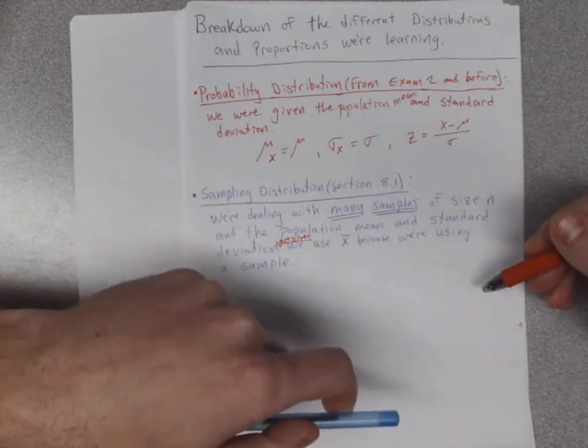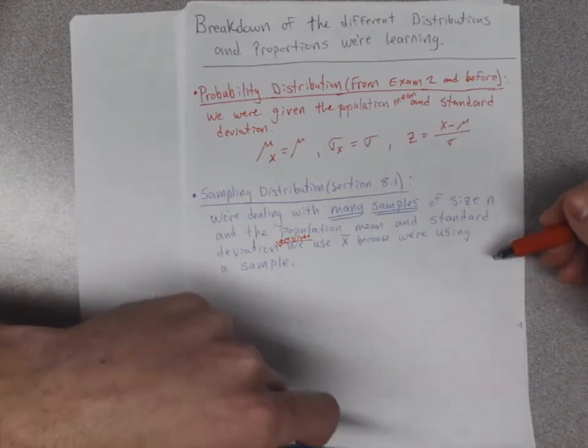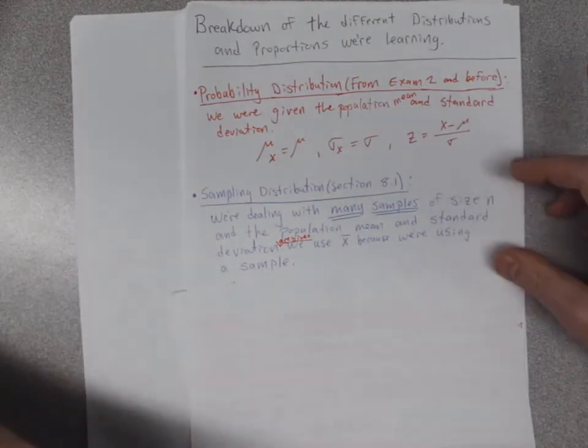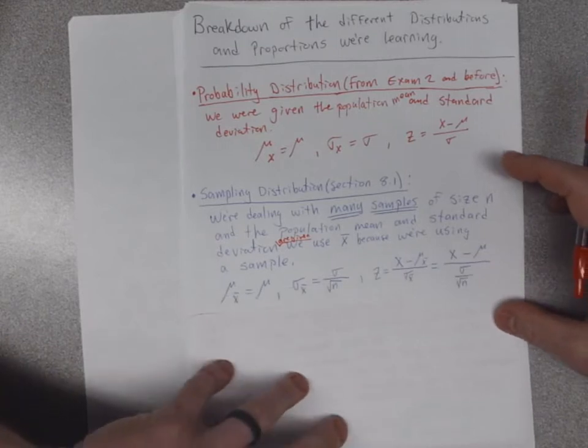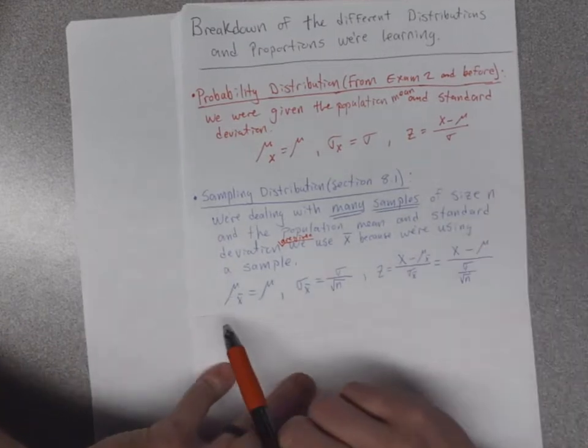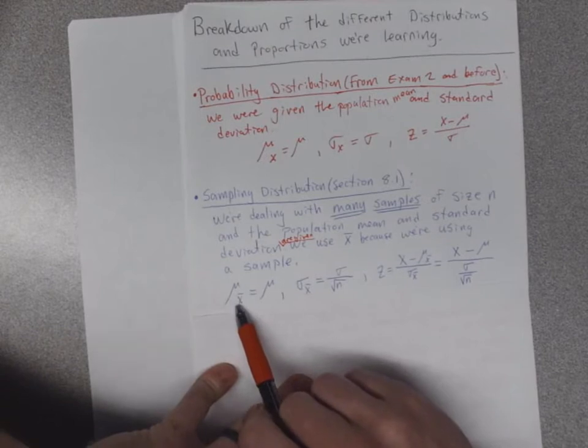Each time we would get a different mean and a different standard deviation. So that's where this sampling distribution comes into play, and that's why we have to use different means and different standard deviations.